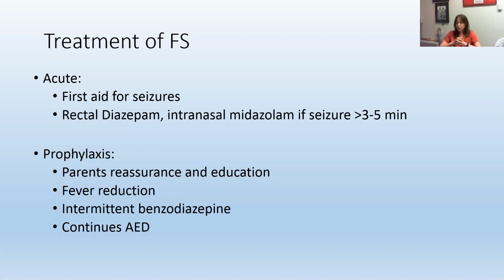What about fever reduction? We usually recommend that if a child has fever and has a history of febrile seizures, we should treat for the first 24 hours with over-the-counter medication like Tylenol or ibuprofen. But there are actually no studies that show any difference in prevention of further febrile seizures with fever reduction.